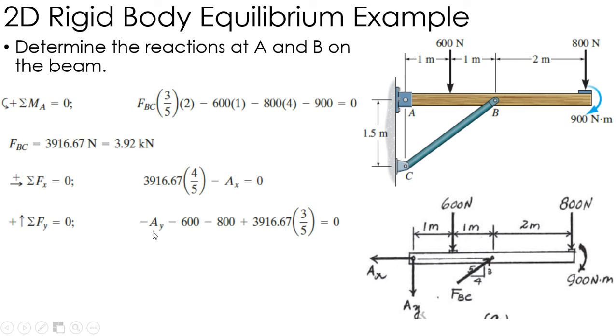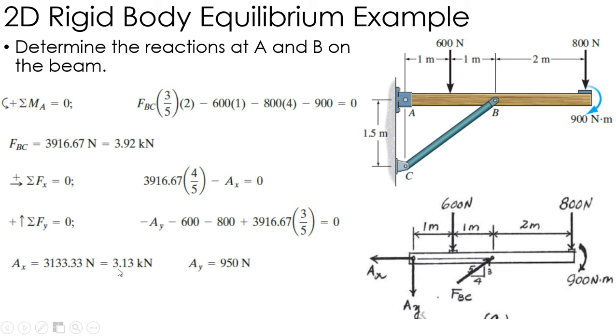In the y direction, I have minus AY, minus 600, minus 800, and then 3/5 FBC. Again, the couple moment's not going to show up anywhere in the force equations because it's not a force; it's a moment. Again, the only unknown in this equation is AY. So I can solve these two equations directly.